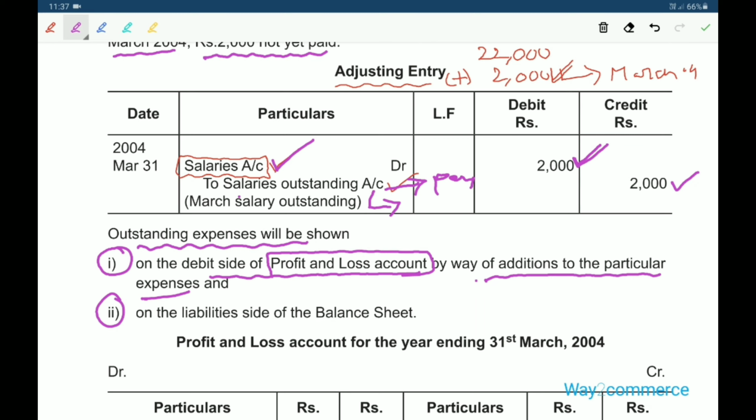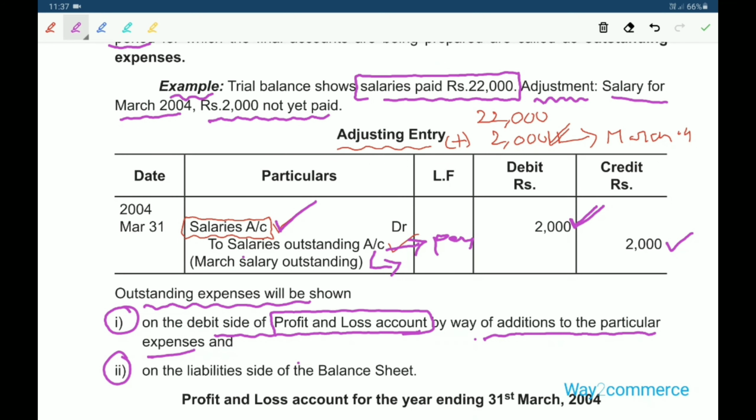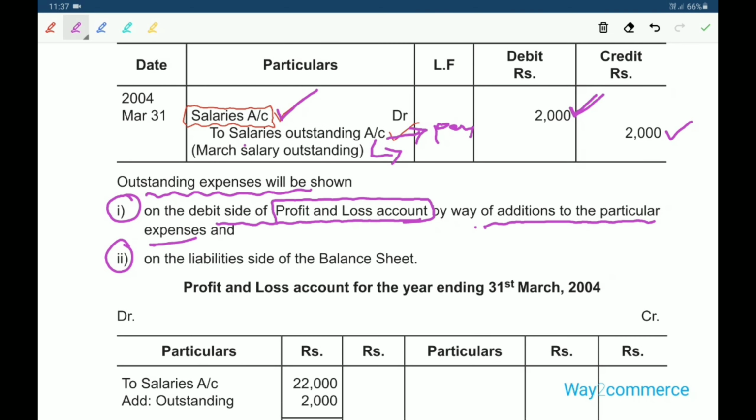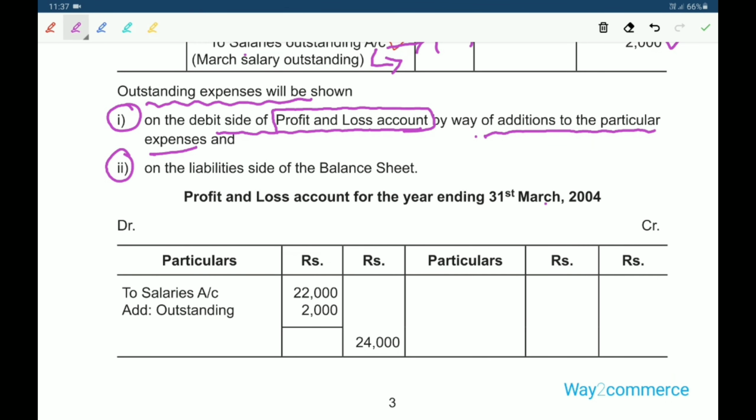That's why, as we are saying, 22,000 rupees already paid, 2,000 rupees have to be paid, and it belongs to this financial year only. That's why we have to debit that amount also. We can see here salaries account 22,000, the paid amount in the profit and loss account.